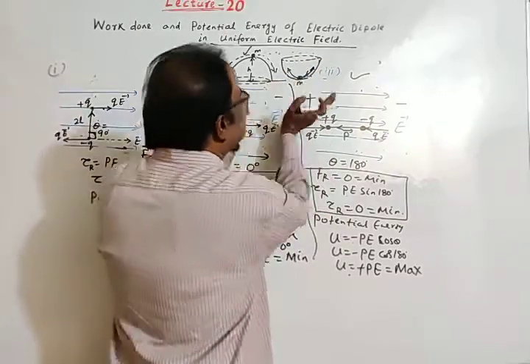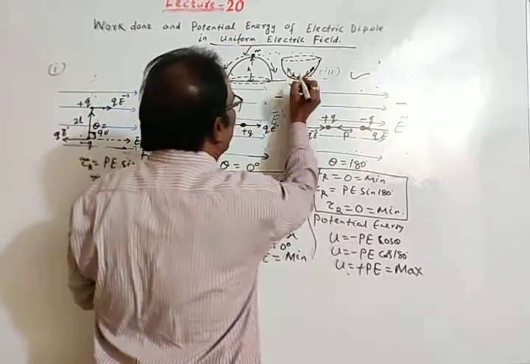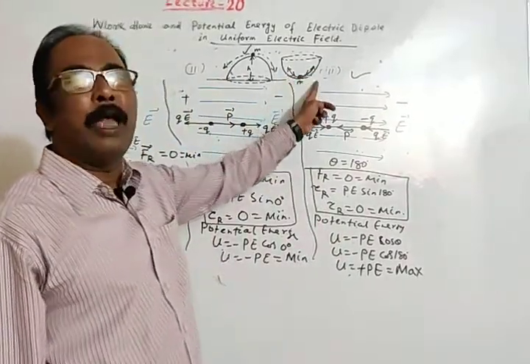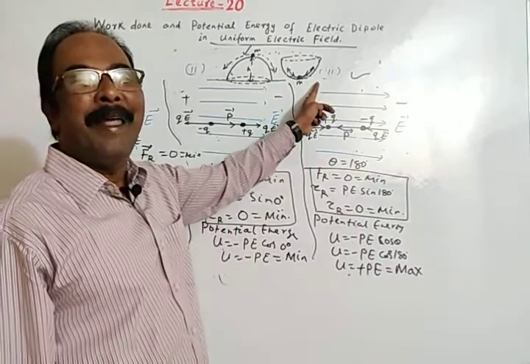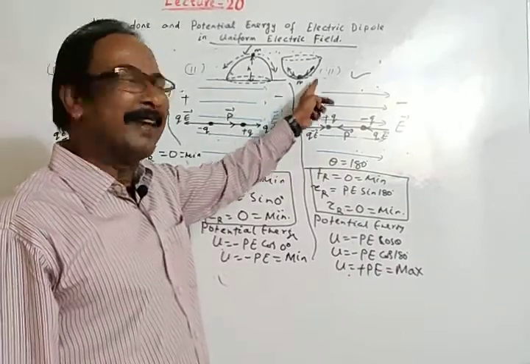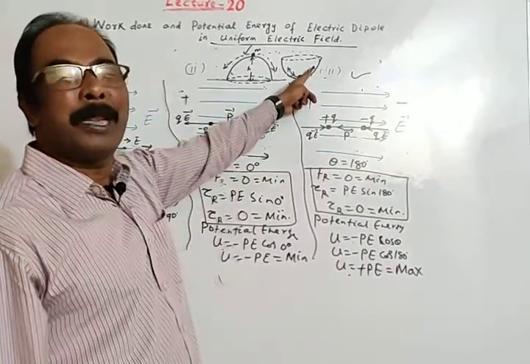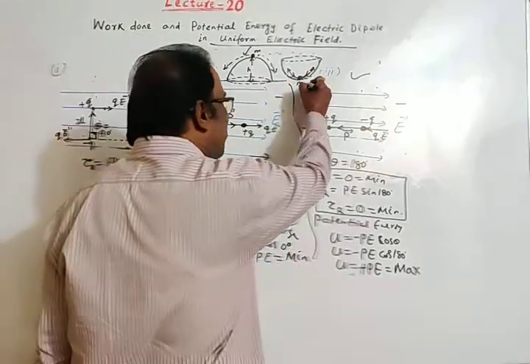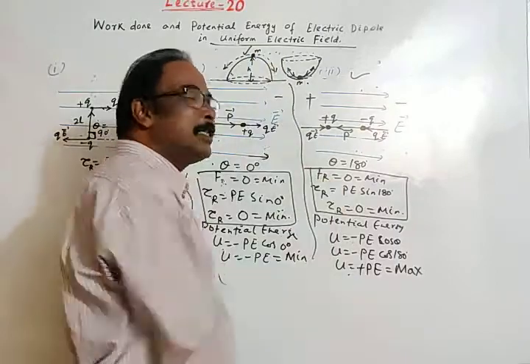If you tilt along this direction, again it will return to its original stable equilibrium position. So this is the position of stable equilibrium where potential energy is minimum, and here potential energy is maximum.